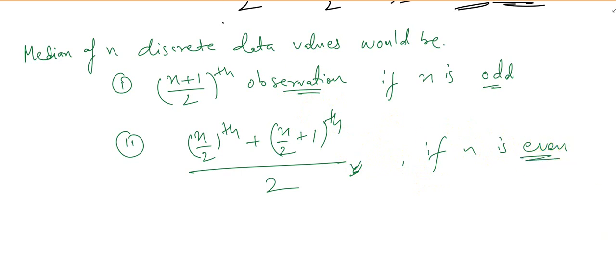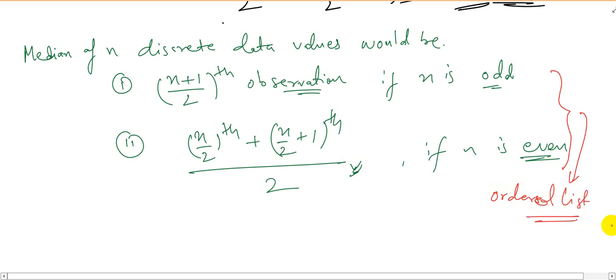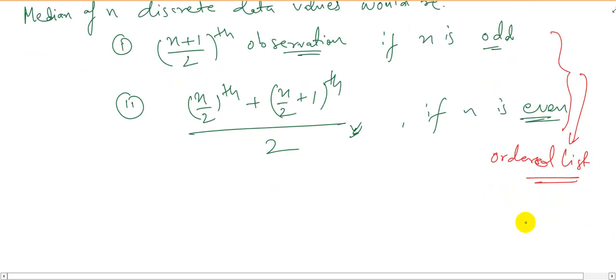Clear? And one condition for all of these is that there should be an ordered list. First thing is that you should arrange the given data points in some order, which can be increasing or decreasing, anything.